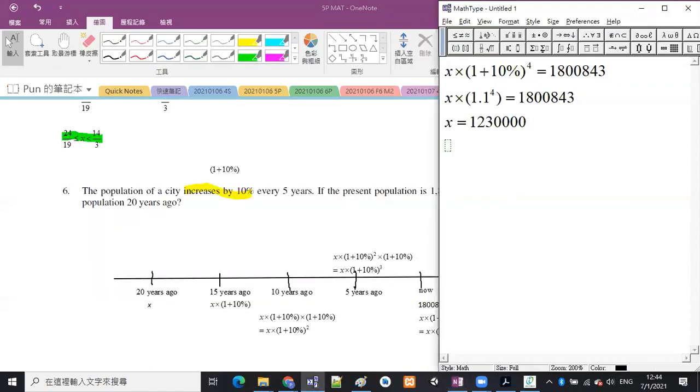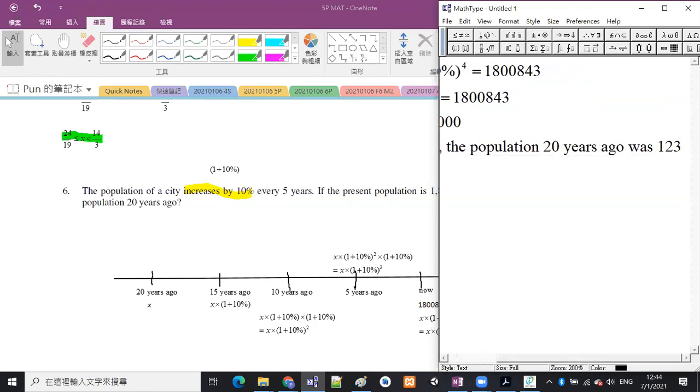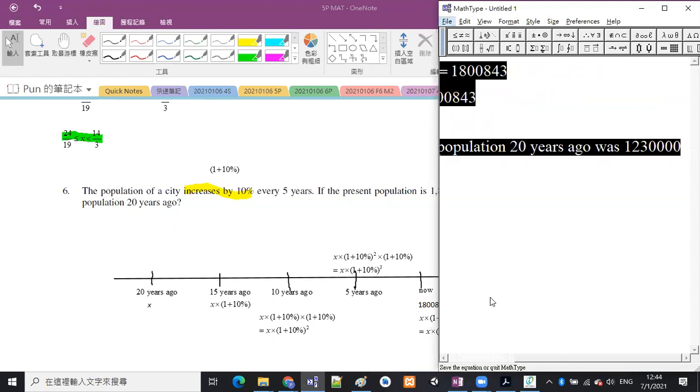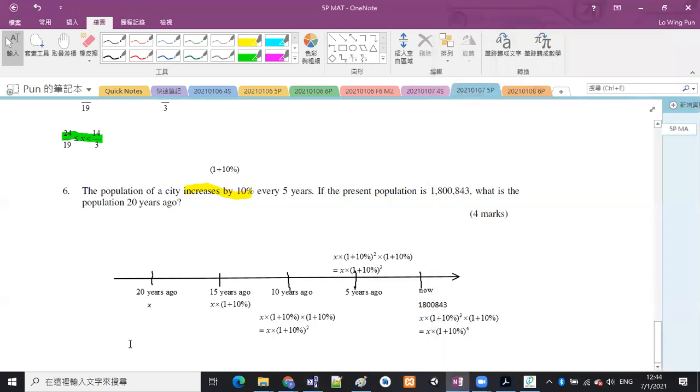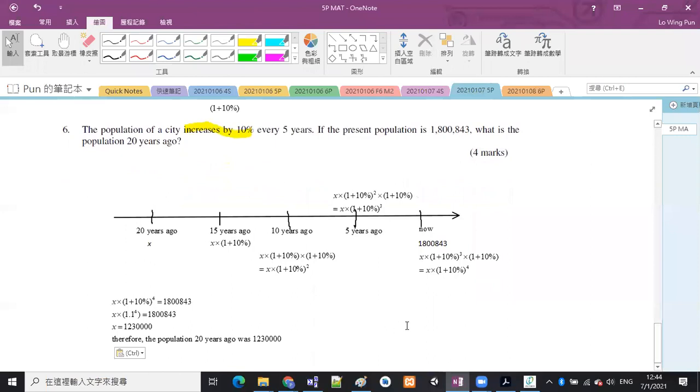Okay, and then you just write down the conclusion. Therefore, the population 20 years ago was 1230000. Okay, so that is the answer for question number 6.